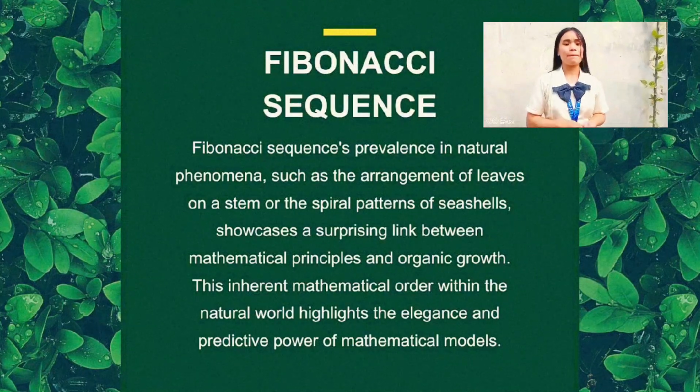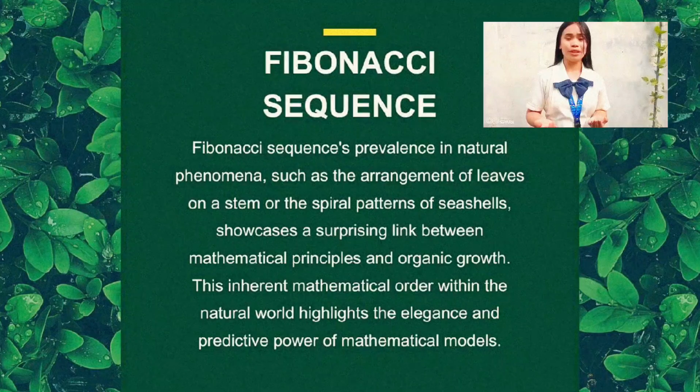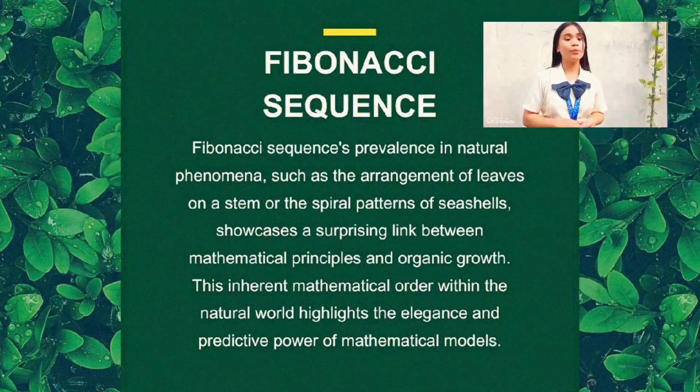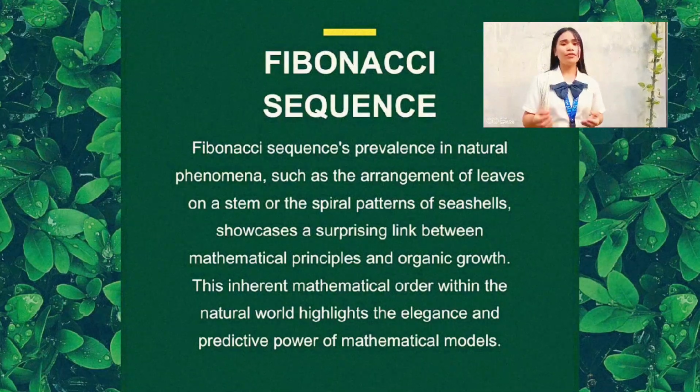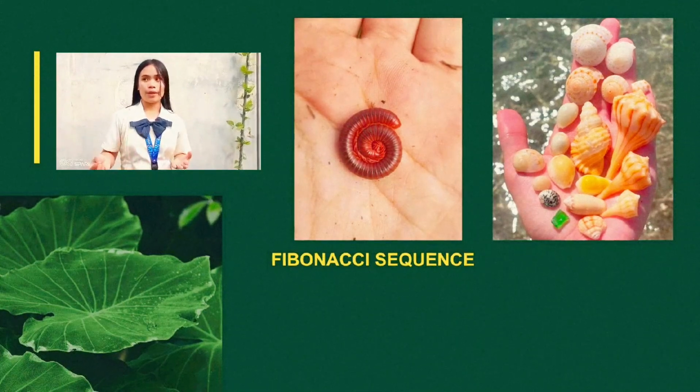This inherent mathematical order within the natural world highlights the elegance and predictive power of mathematical models. The first example that I took is the seashell, which has a spiral model. It follows the Fibonacci sequence.